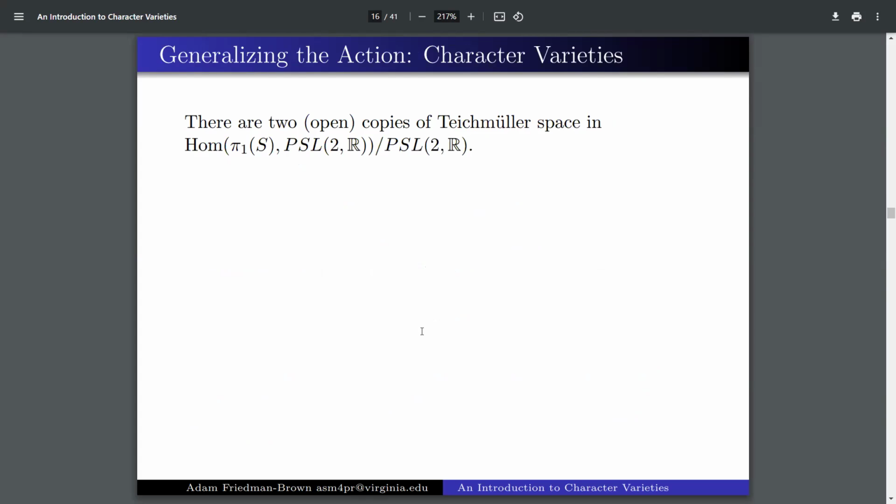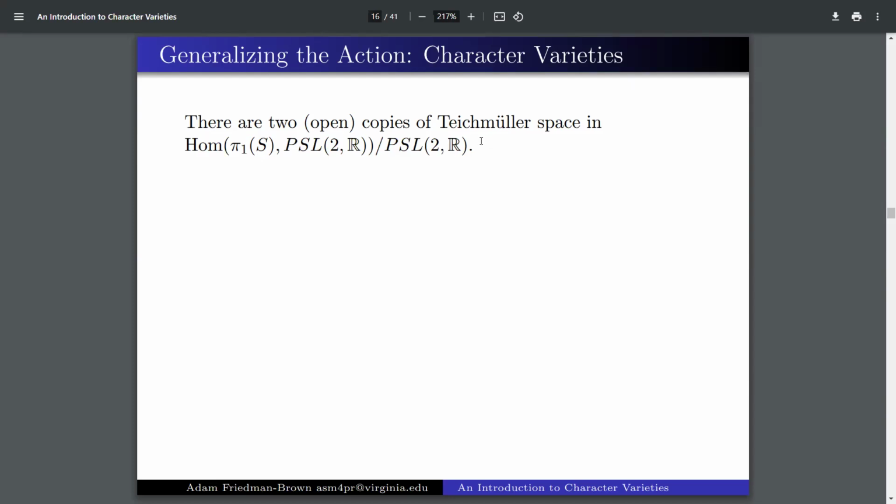Now to start talking about generalizing this action, what other spaces can we talk about with a properly discontinuous action? And one thing to note is a slightly more symmetric definition. There are two copies of Teichmuller space in the set of all homomorphisms from the fundamental group of S to PSL2R mod PSL2R.